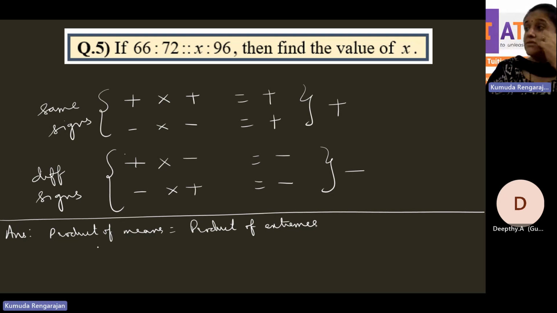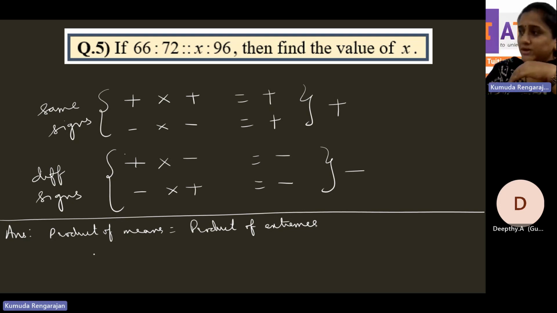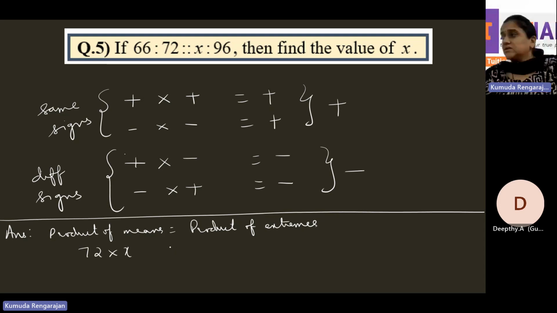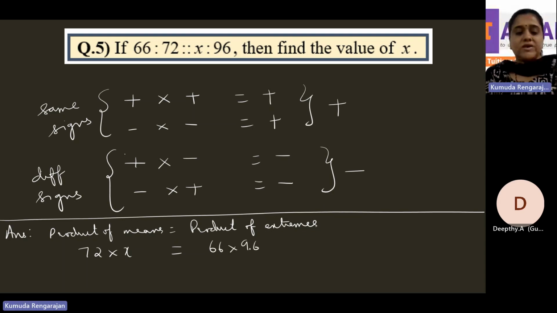Product of means? 72 into x, correct? You want to say something else, Tanya? Okay, 72 into x, correct. And Tanya, product of extremes? Into 96, very good.